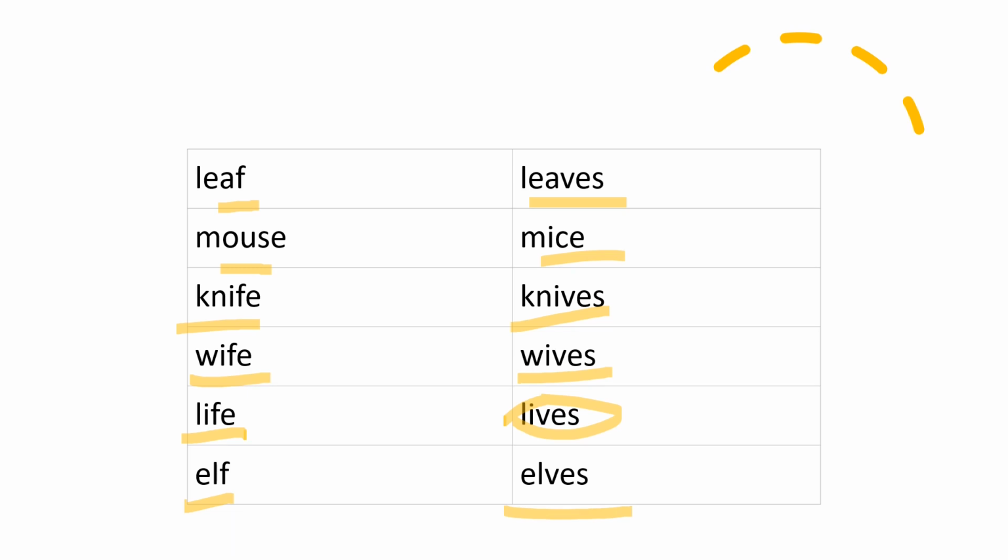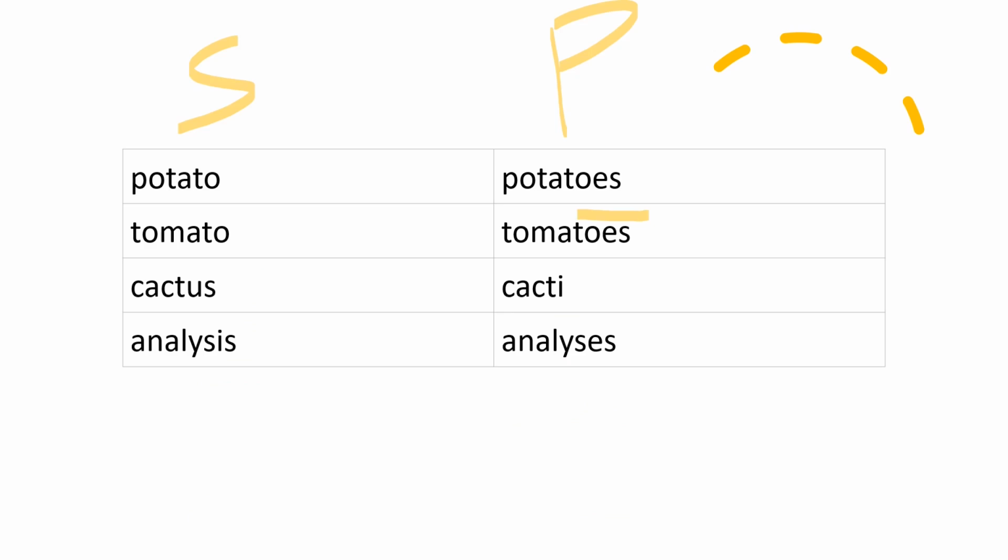As you can see, we are not given any rule as to how to create these plural forms. We have potato, potatoes, tomato, tomatoes, cactus, cacti, analysis, analyses.